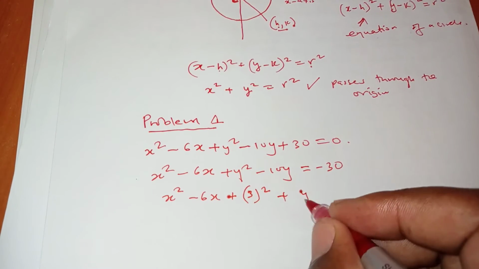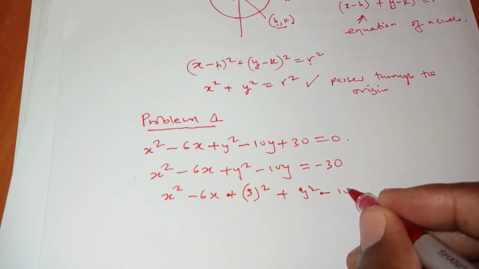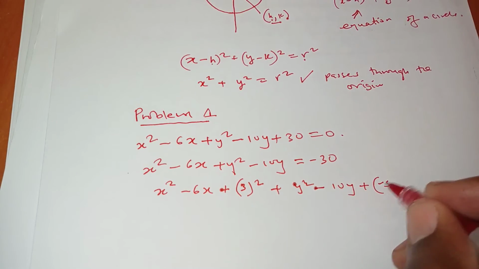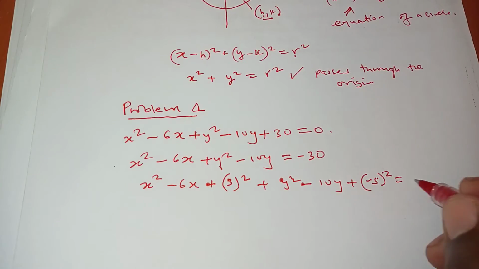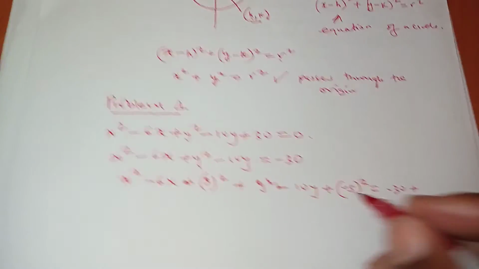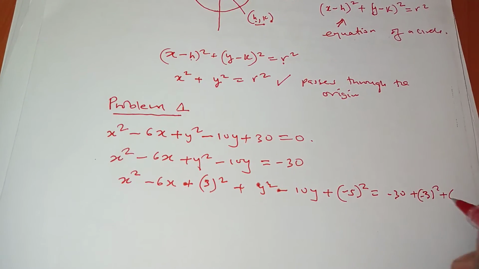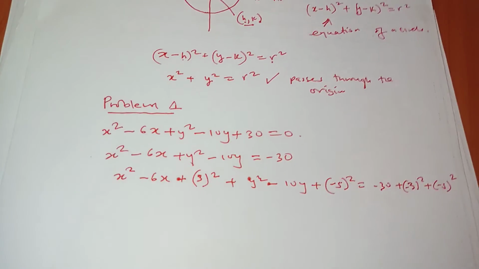Then minus 10y, our b is negative 10, we divide by 2, we get negative 5, we square, and we do the same thing on the right hand side. We are going to add those squares, so we have minus 3 squared and minus 5 squared.